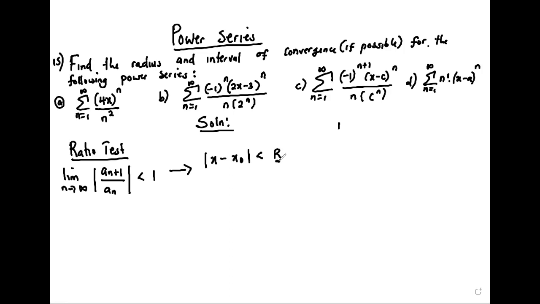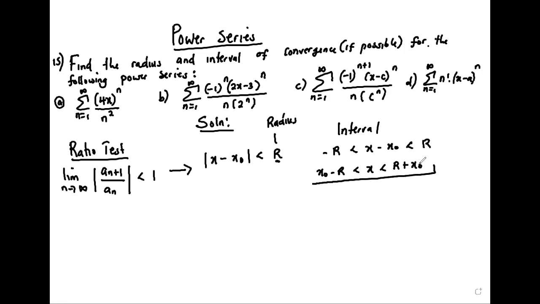And then the interval: you say minus r less than x minus x naught less than r. So now we can have x naught minus r less than x less than r plus x naught. That would be the interval of convergence.